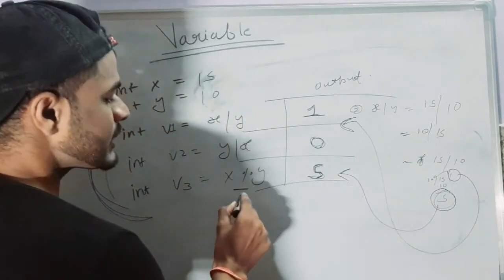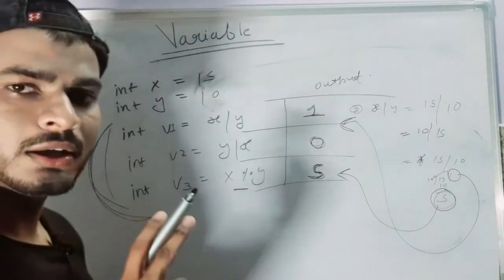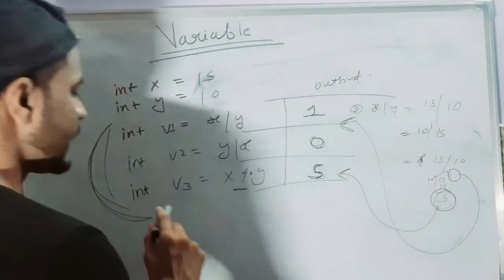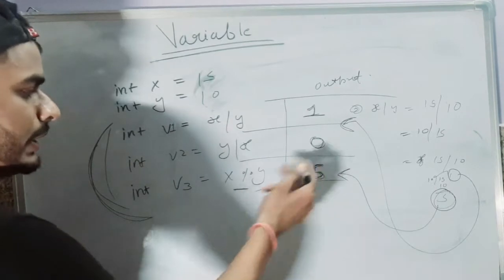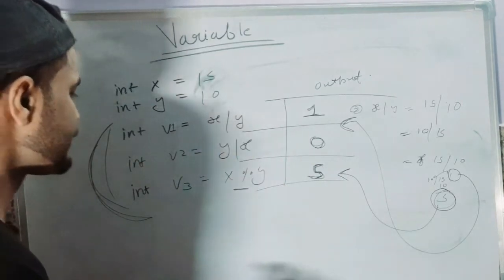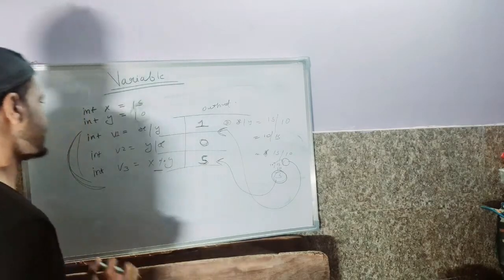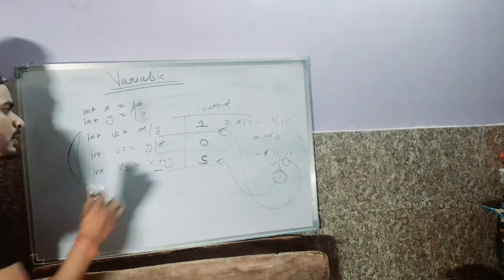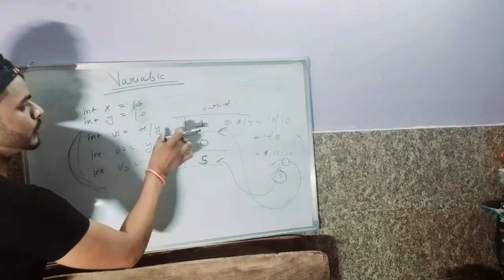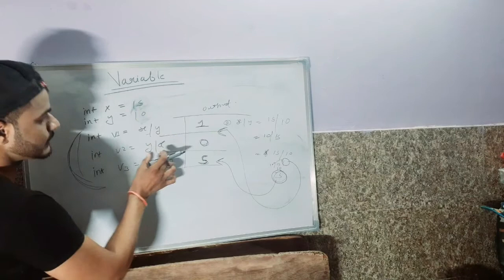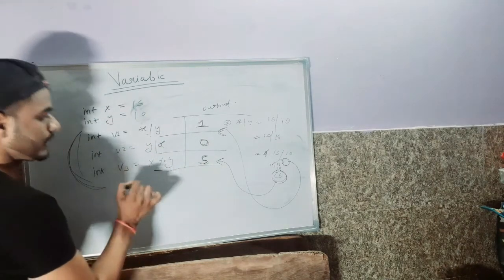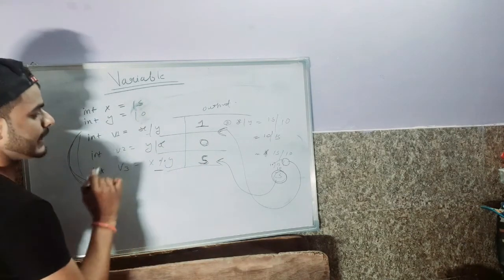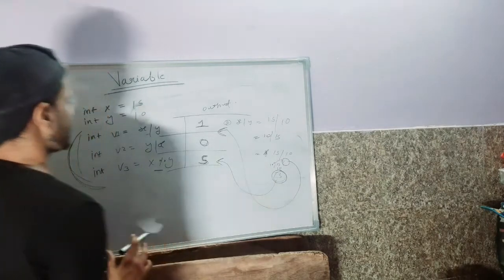From modulus we get the remainder. Clear? If we perform division, we get the quotient, but if we use this modulus sign, we will get the remainder.